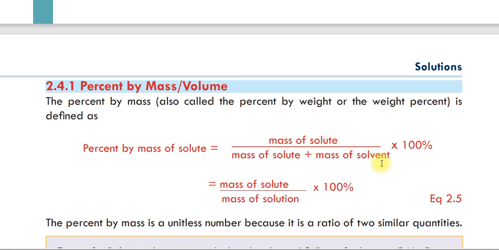Mass of the solute ሲካፈል mass of the solute plus the solvent times 100%, which is equal to mass of the solute over mass of the solution times 100%. እዚህ ጋር ከስር mass of the solution ያልነው solution ማለት የሶሉት እና የሶልቨንት ድምር ውጤት ስለሆነ solution እንለዋለን። Okay.